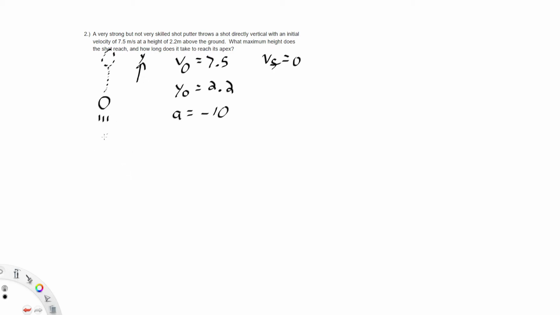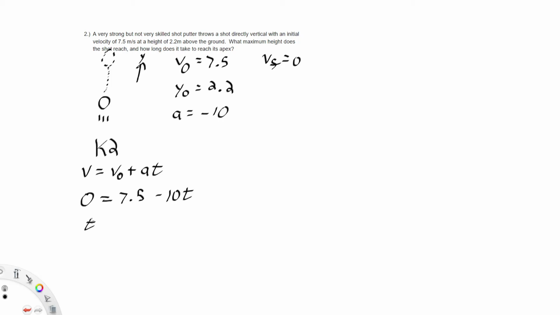So we can use perhaps K2 and say V is equal to V naught plus AT, and the velocity will briefly be 0. It started off at 7.5, minus 10t.